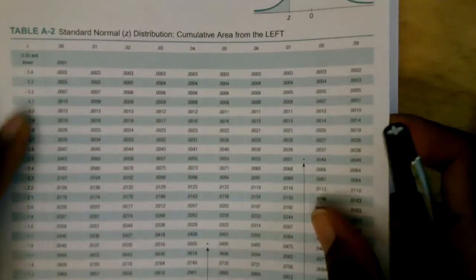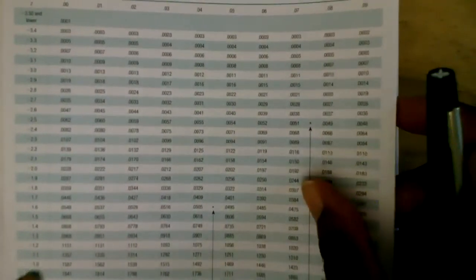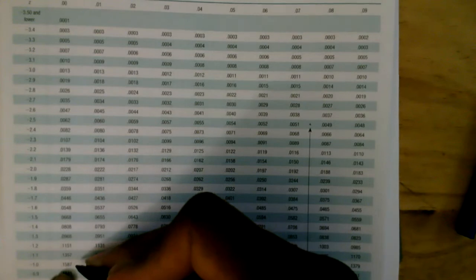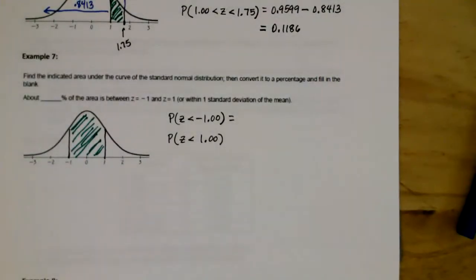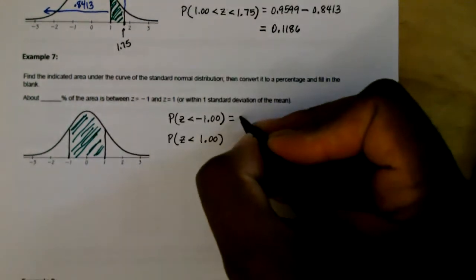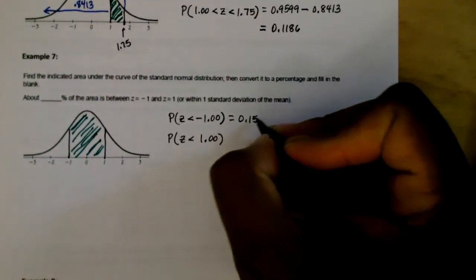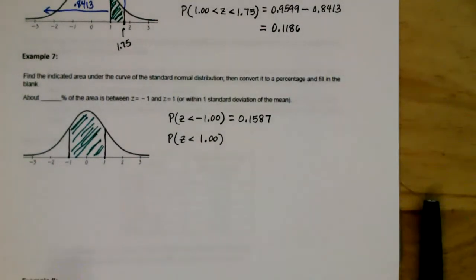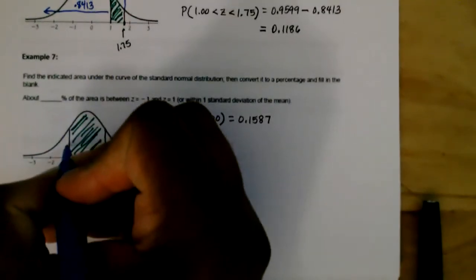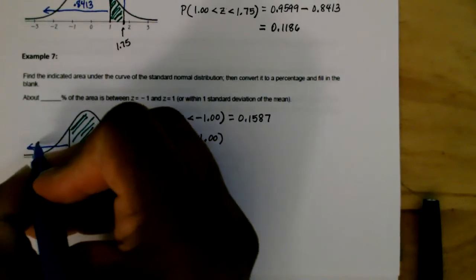Here we go. Find -1.0, that's down here. And then 0.00 is that first column. Go across and down, you'll see that it's going to be 0.1587. So that represents the probability of z less than -1.00, which is, of course, this area to the left.